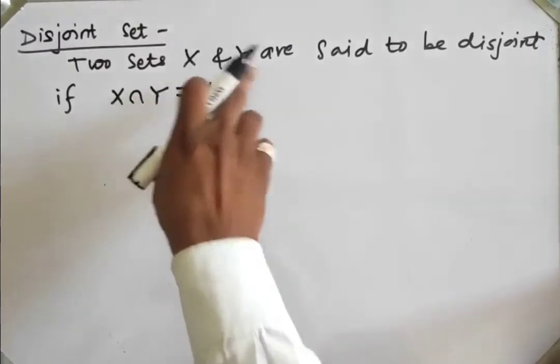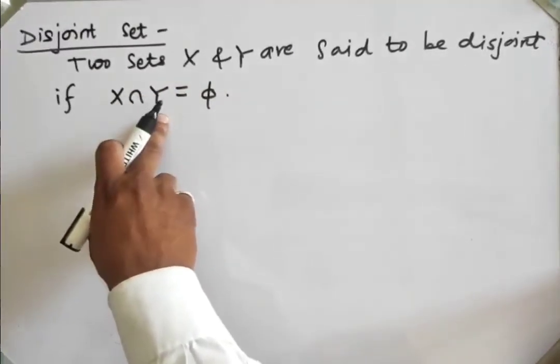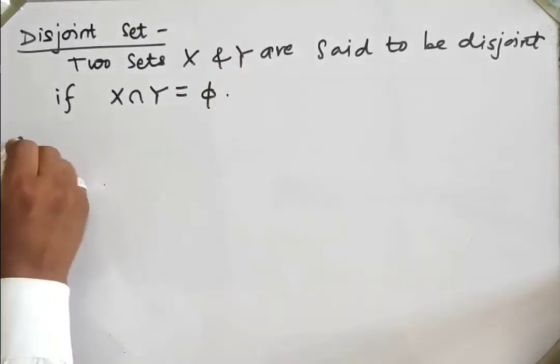When we say that these two sets are disjoint, their intersection is always empty.